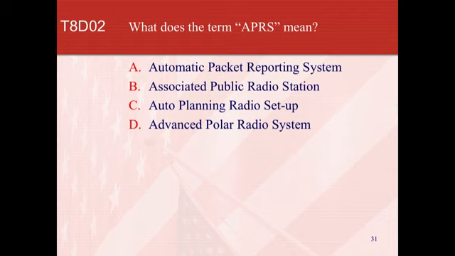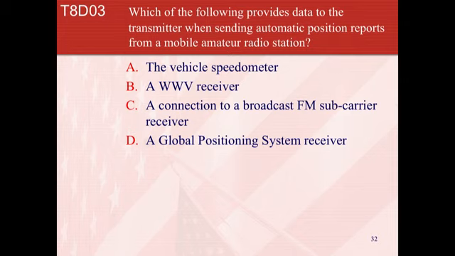What does APRS mean? It's Automatic Packet Reporting System. That was a trick question. That would be the Antarctica station. Which of the following provides data to the transmitter when sending automatic position reports from a mobile amateur radio station? I heard D. Yes.